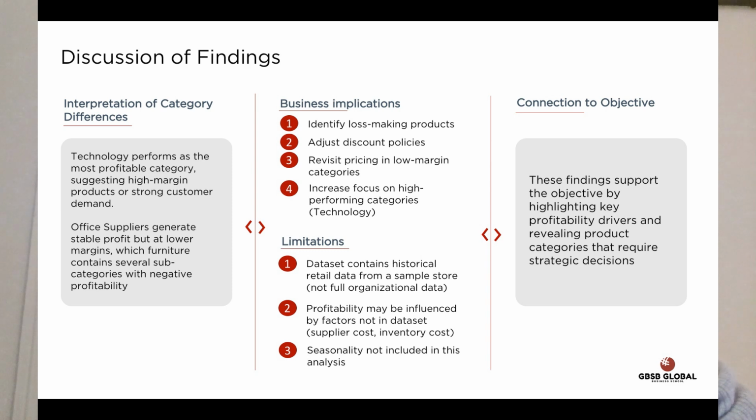From a business perspective, this means that profit optimization efforts should prioritize reviewing pricing, discount strategy, or supply arrangements in the furniture category. It is also worth noting the limitations of the dataset. For example, it does not include the full cost structure, seasonal effects, or inventory-related factors.